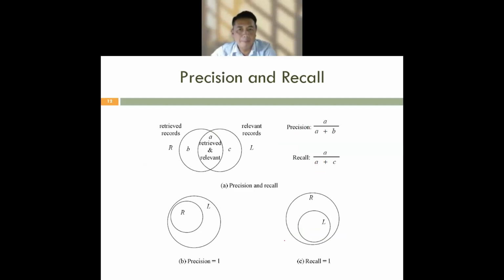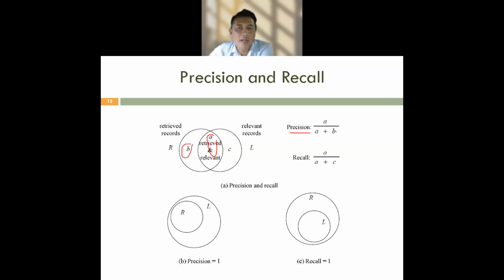We also use precision and recall. Those who have studied information retrieval will have studied this one. For precision, we are looking at the relevant documents retrieved divided by relevant documents plus B, where B is the retrieved documents.